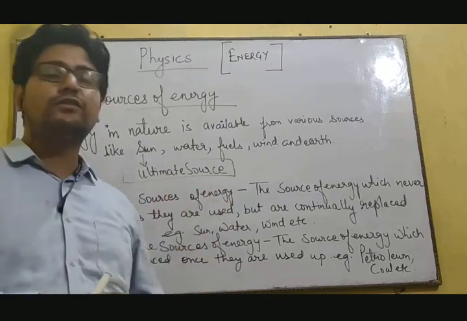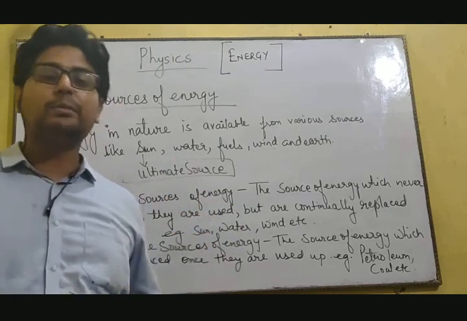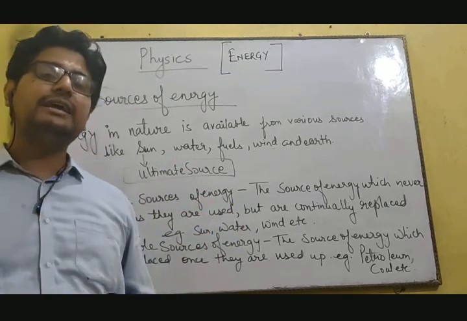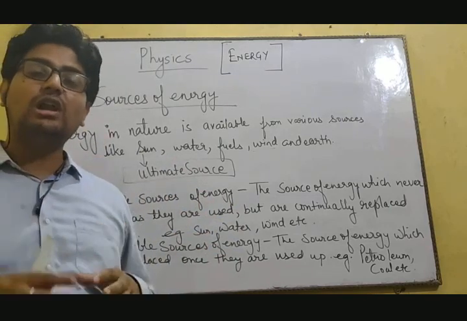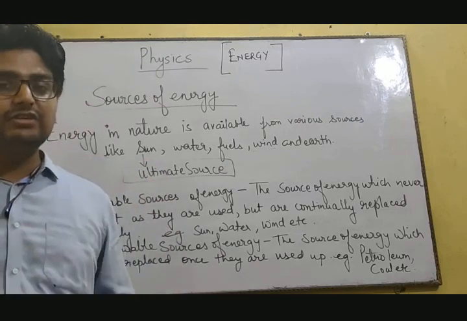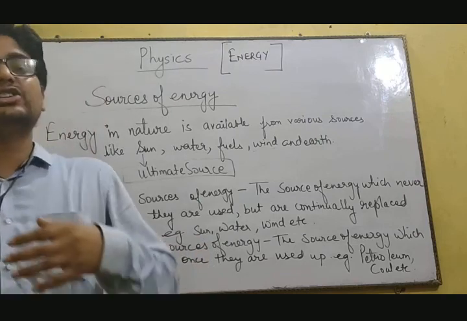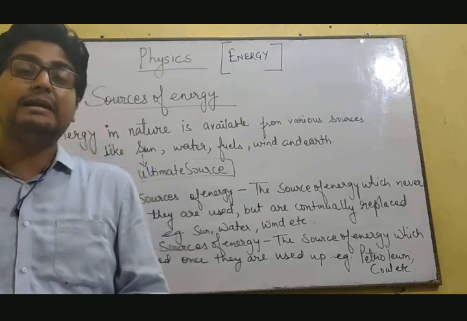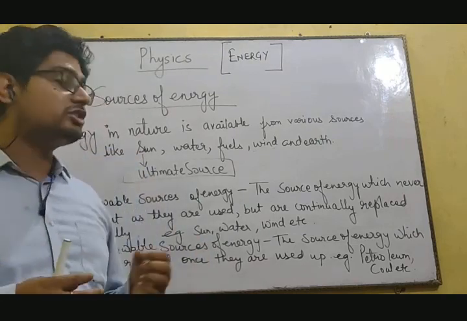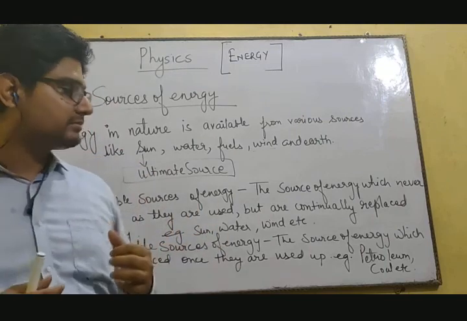Then different types of fuels, like petroleum products, diesel, coal, can all be burned to produce energy, on which the vehicles are dependent, and on which the different factories are dependent, which use this kind of energy for producing heat energy.